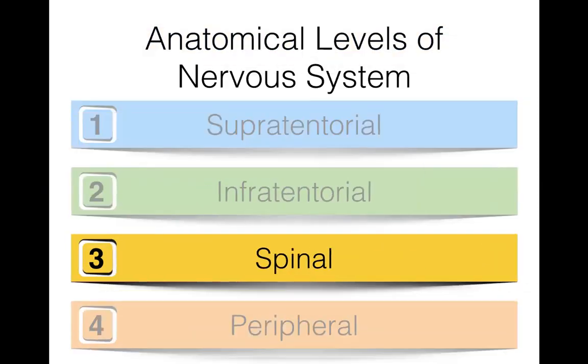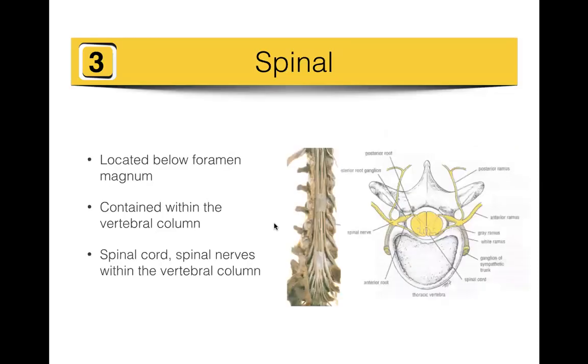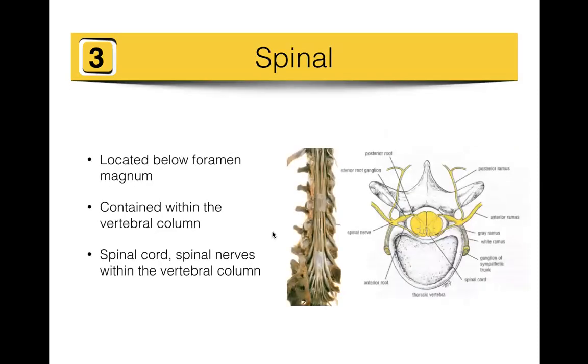The next level of lesion is spinal. What are considered to be spinal structures? All structures that are located below the foramen magnum, as long as they are contained within the vertebral column. This would include, naturally, the spinal cord and the spinal nerves that arise from the spinal cord, as long as those spinal nerves are still within the vertebral column.